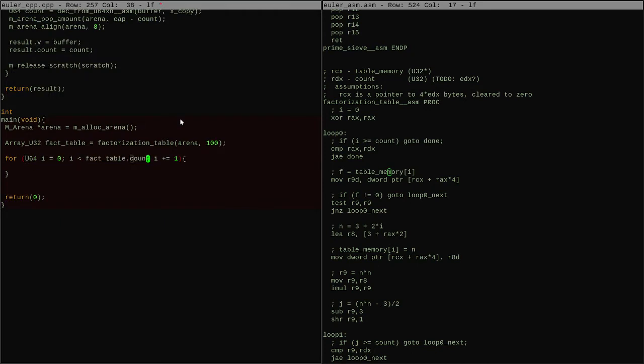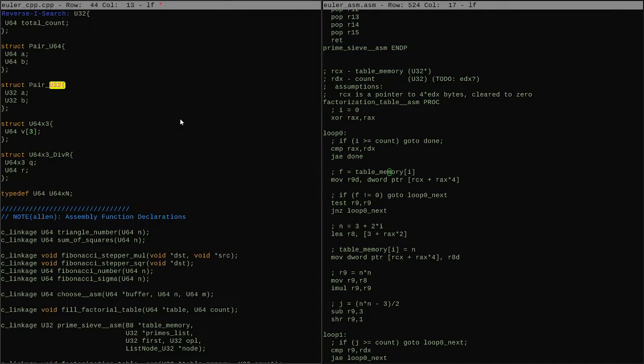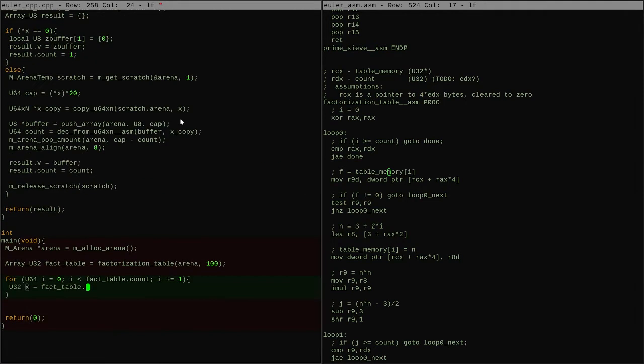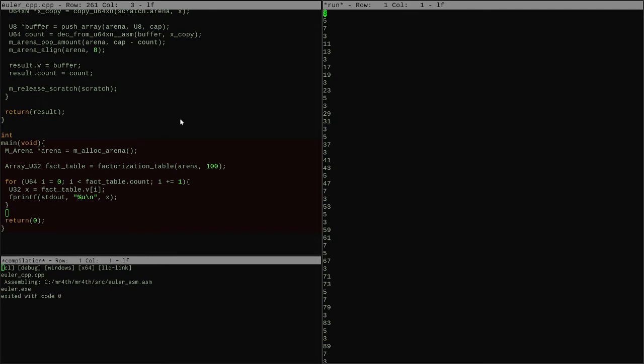Fact table dot count, U32 x equals fact table to array, and printf %u. Okay, let's see if the factorization table looks good.